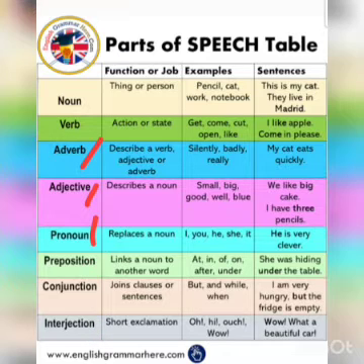I will repeat again. We have noun, then verb, adverb, adjective, pronoun, preposition, conjunction, and then interjection. We have already learned this in detail last year. So we will just now revise it.